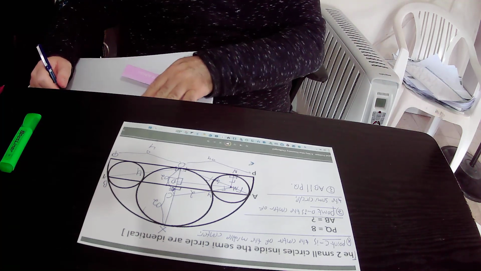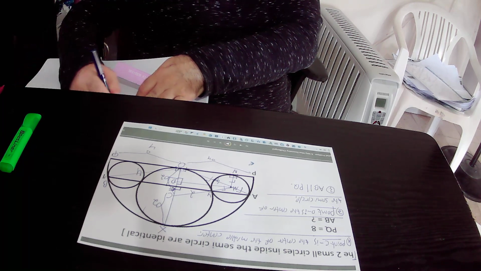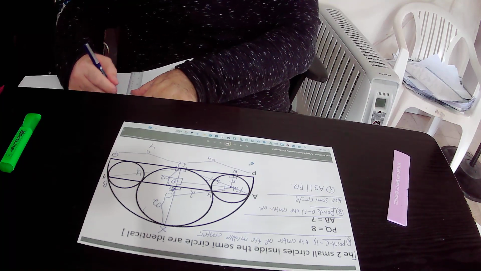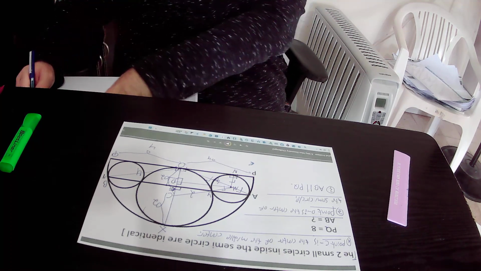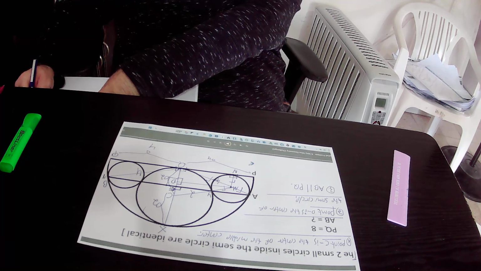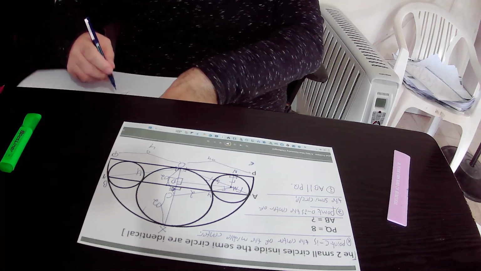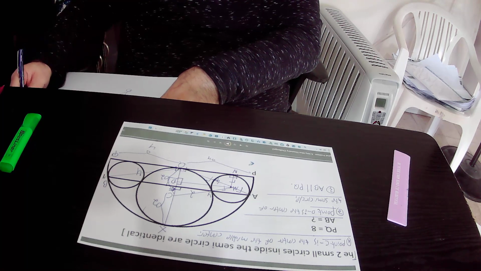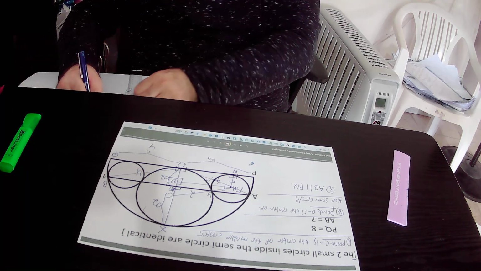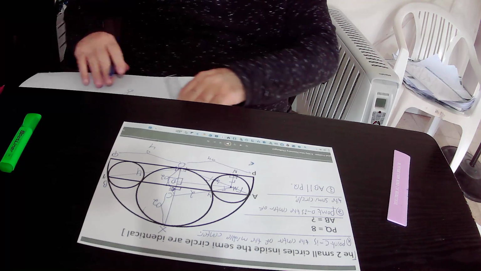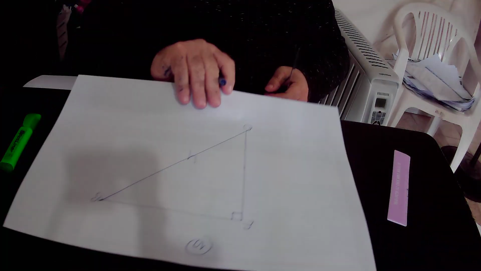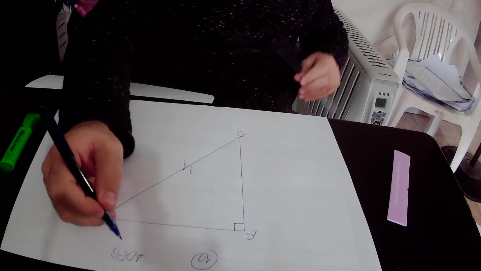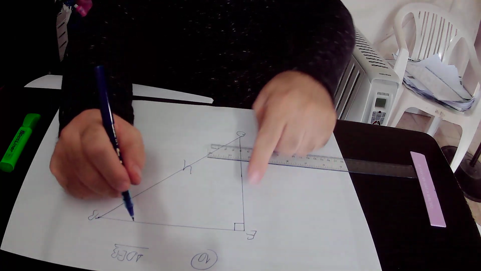So triangle OEB. So this triangle OEB is a right triangle because it has one angle that equals 90 degrees.